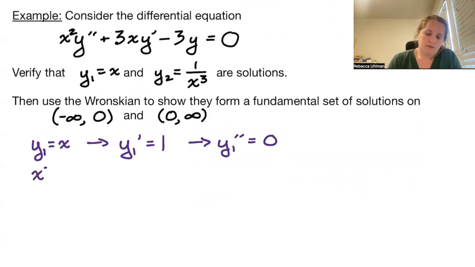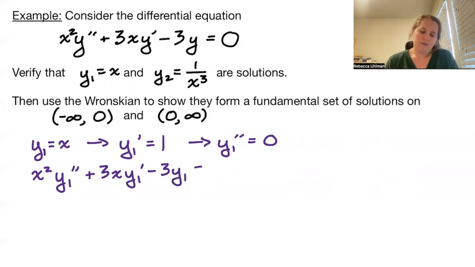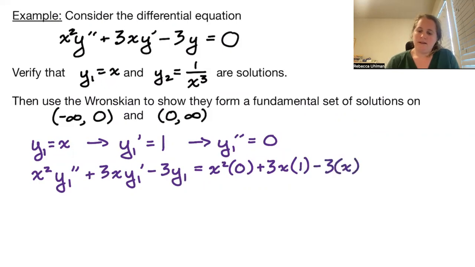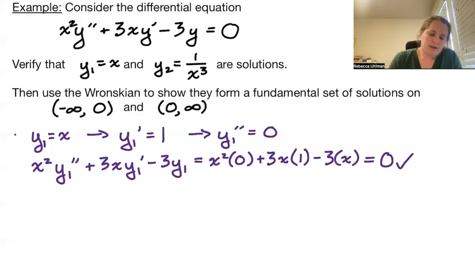And we have x squared times y1 double prime plus 3x times y1 prime minus 3 times y1 is therefore equal to x squared times 0 plus 3x times 1 minus 3 times x. And this just becomes 3x minus 3x. This is indeed 0. Similarly for y2.